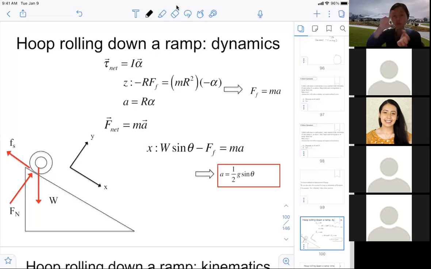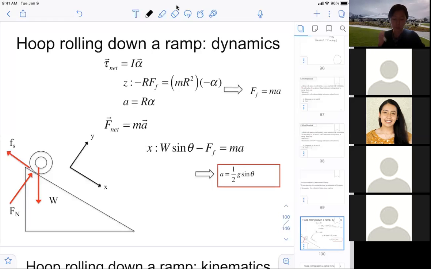But since the object is rotating, each point contacts the ramp just for that moment, and the next moment that point is rolled up and another point is in contact. So this is actually a static friction that is responsible for the rolling. It's like the static friction involved when we are walking. Certainly not kinetic friction, because we are not sliding on the floor, right?